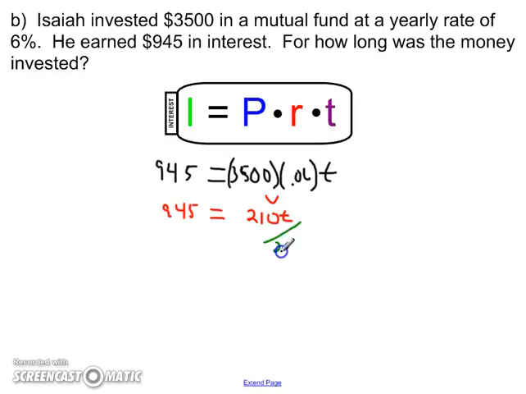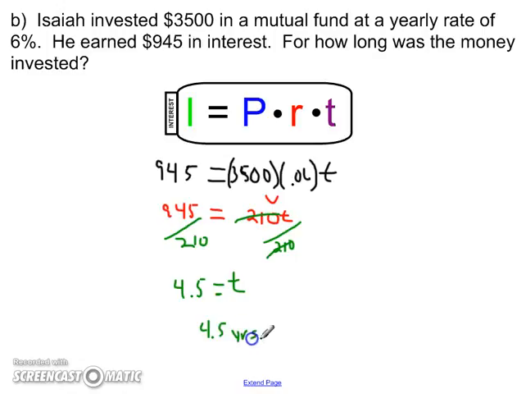This is where all that work with solving equations comes in handy. The 210s reduce out, and I will be left with T. So 945 divided by 210 is 4.5. And so in this case, that's 4.5 years.